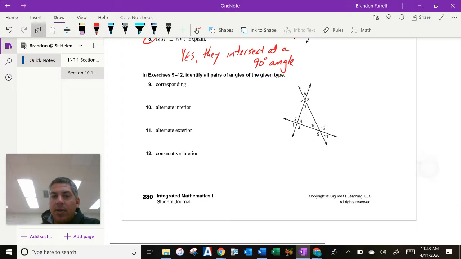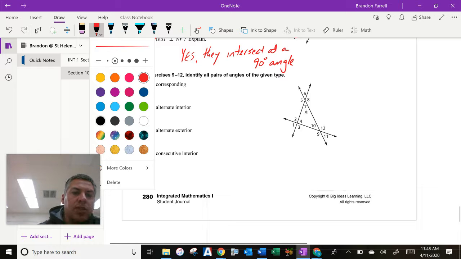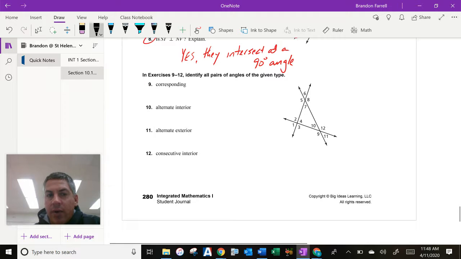Again, you can stop this at any point in time. I'm not a big fan of this problem coming up here. This problem uses the concept of 3 lines in our scenario. The reason that I don't like this problem is because there are 3 pairs, 3 sections of angles.